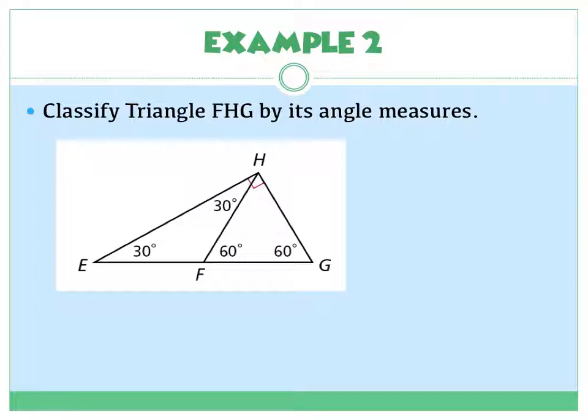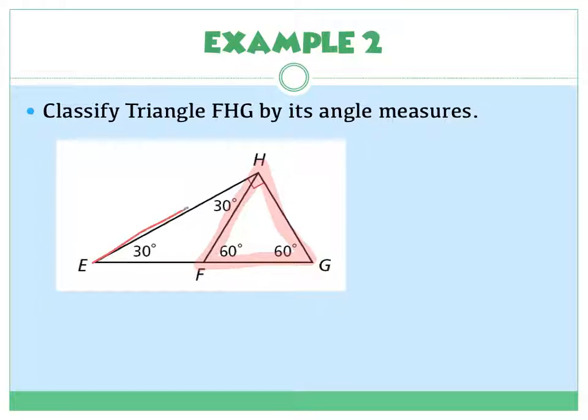So classify triangle FHG by its angle measure. So now we're looking at FHG. It's acute. Why is it acute? How do we know what the top angle is? Oh wait, never mind.